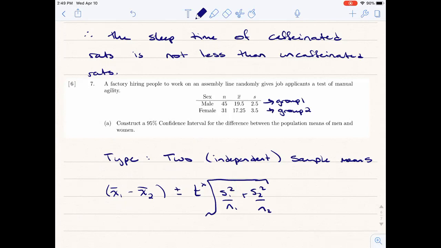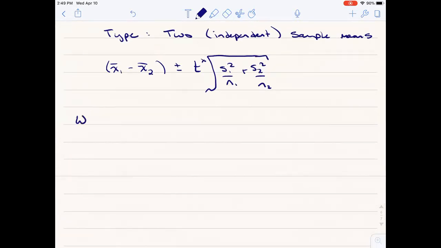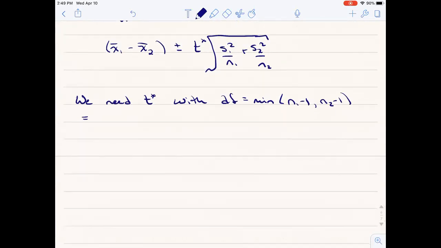T star means we have to find our degrees of freedom. And so we need t star with degrees of freedom equal to, so for two sample means, our degrees of freedom is the minimum of n1 minus 1 or n2 minus 1, essentially the smallest sample size minus 1.